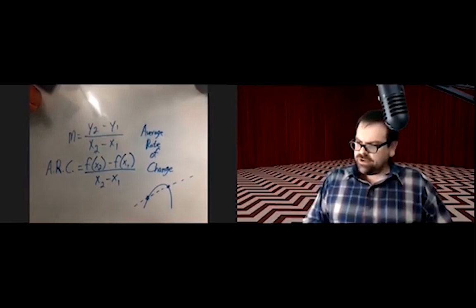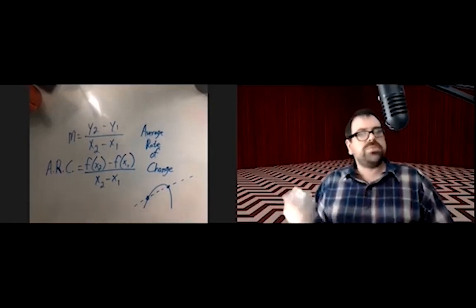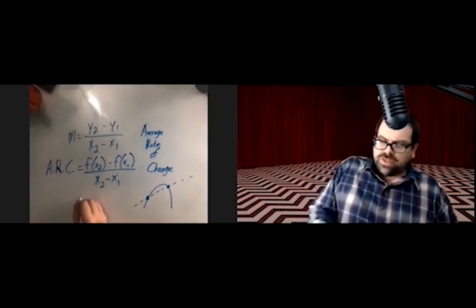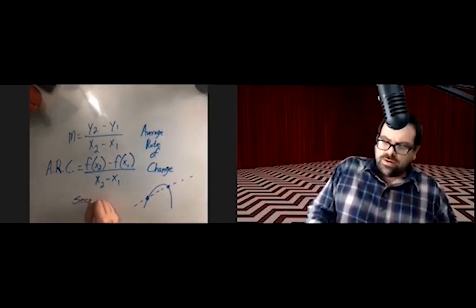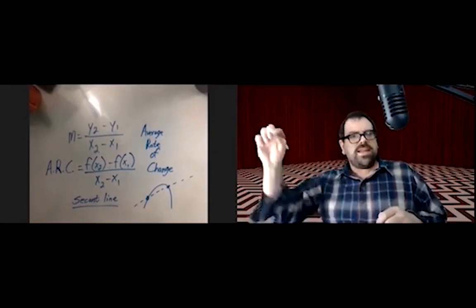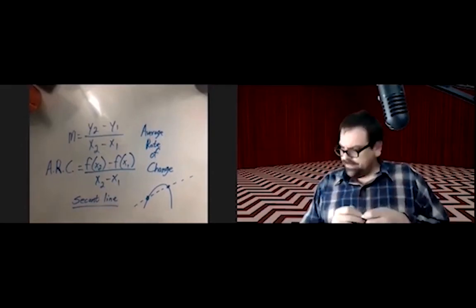And we'd use the x values. So it's just the slope of the line through 2 points. And by the way, a line through 2 points is called a secant line. So secant line is just a fancy name for line through 2 points.